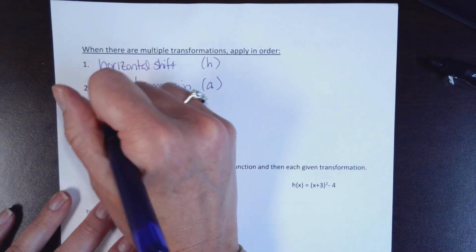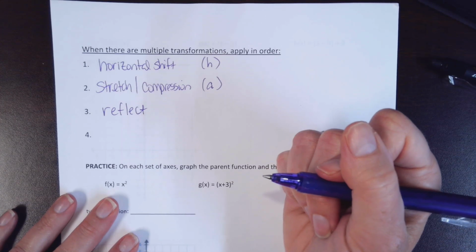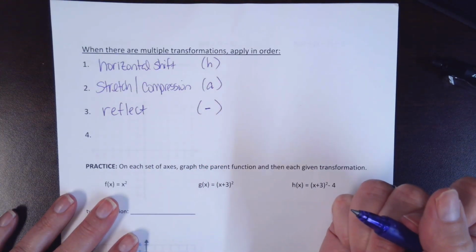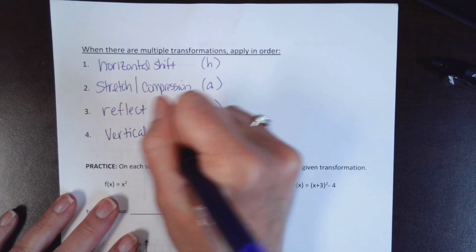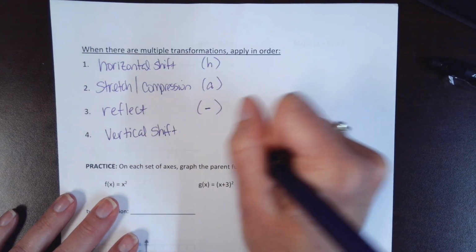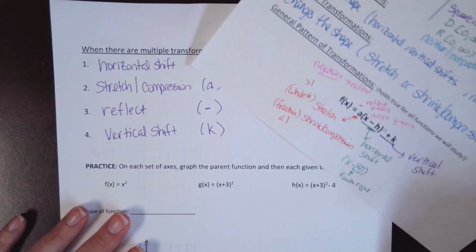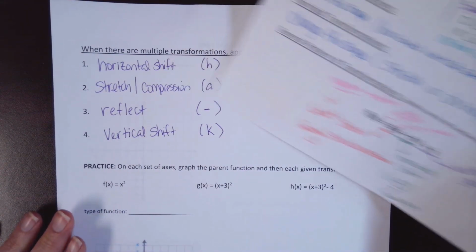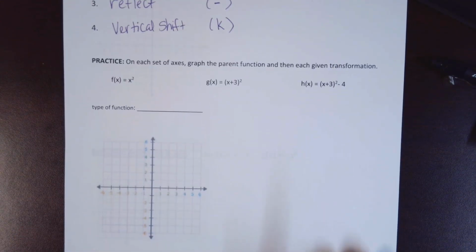And then I would reflect across whichever axis I need to reflect it across. That's any negative I might have applied somewhere. And finally, I think about applying a vertical shift up, down, and that's controlled by the value K, whatever K might be. Now remember, you've got this pattern of transformation set beside you so that you can be looking at it while we do our practice transformations.